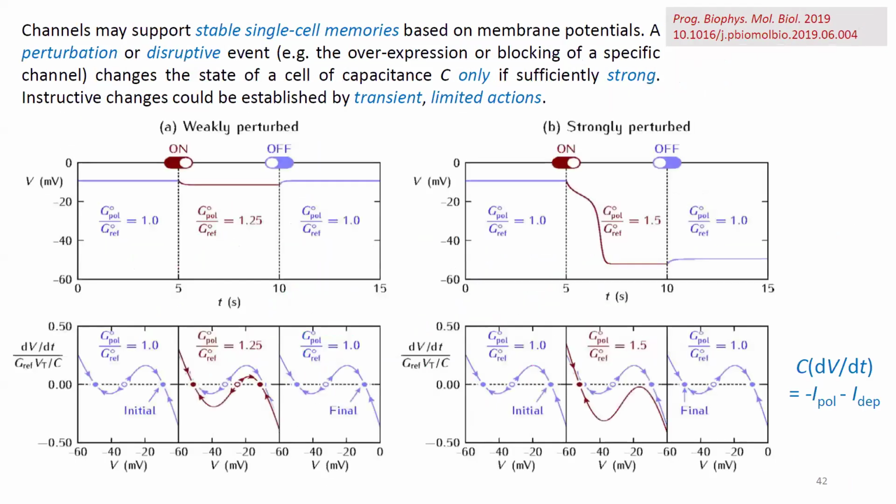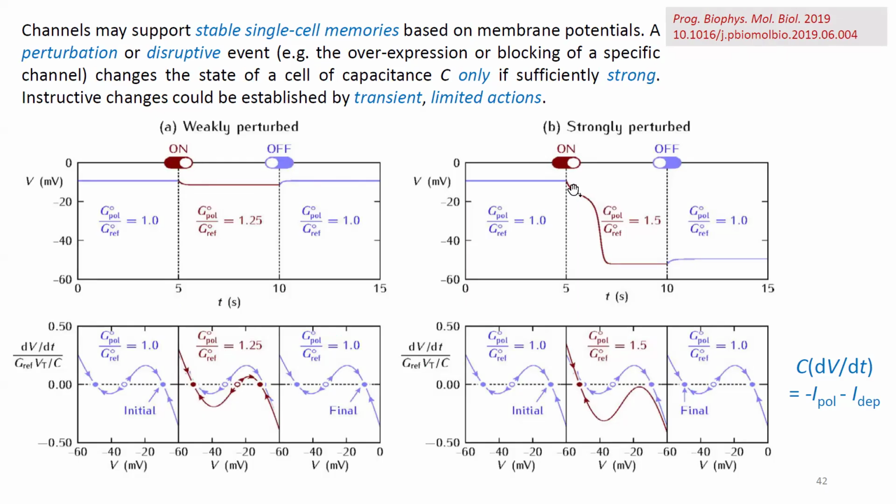What is important here is that when you have a perturbation or disruptive event, if the perturbation is weak, the cell potential, in this case the depolarized cell potential, does not change. After a short time of the perturbation acting, the initial depolarized cell state is recovered.